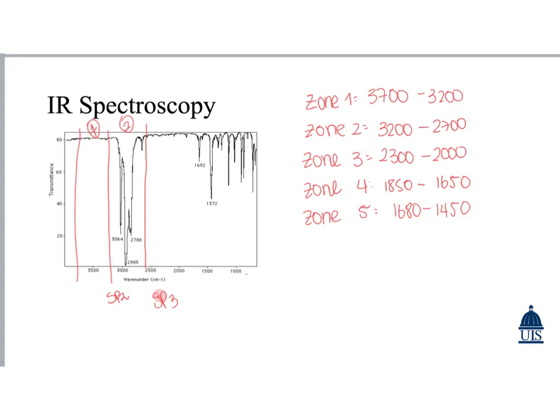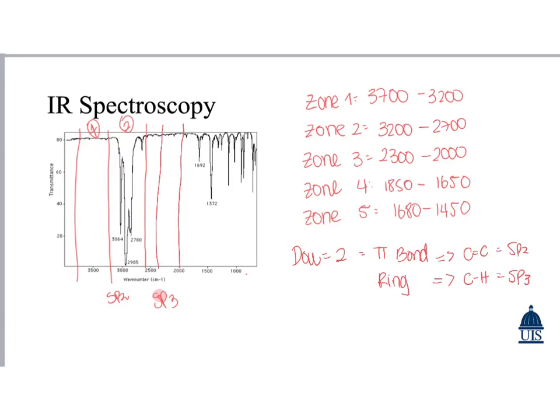Since we know that the DOU of our compound is 2, indicating a pi bond and a ring, the pi bond comes from the possible double bond with carbon and carbon, indicating sp2, and then the ring has carbon hydrogen bonds with sp3 hybridization, which are the 2 numbers below 3000. Then we go to zone 3 from 2300 to 2000, but there's nothing important going on.